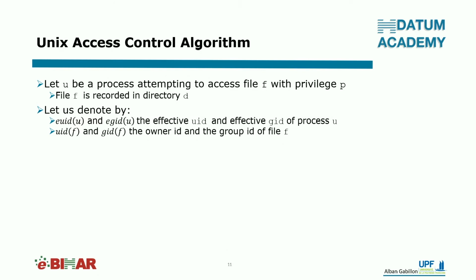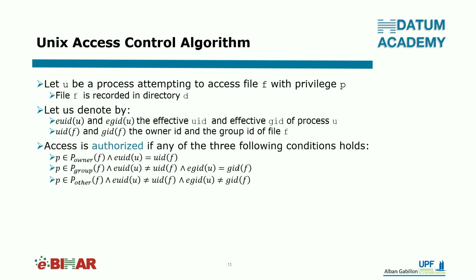And we also have the user ID and the group ID of file F, that is to be accessed by process U. Access is authorized if any of the three following conditions holds. So the first condition says that if the owner of file F is the user on whose behalf the process runs, and if privilege P is included in the owner privileges of file F, then access is granted.